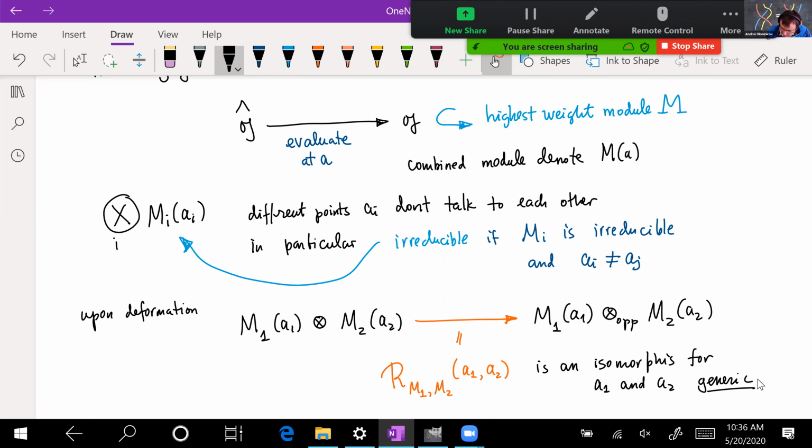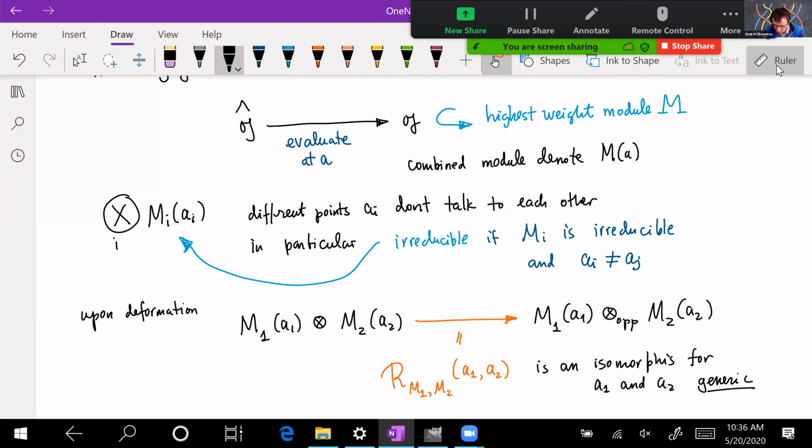Generic means previously the two modules were irreducible as long as a1 was not equal to a2. If it's a non-trivial map, it has to be an isomorphism. If they're actually at the same point, then they have a chance to become reducible.